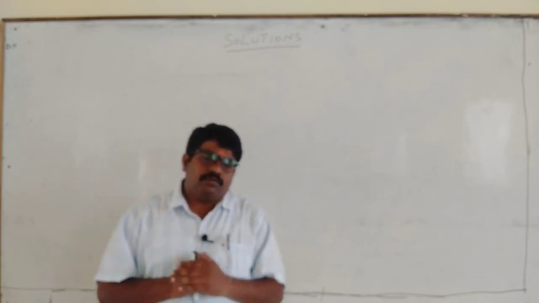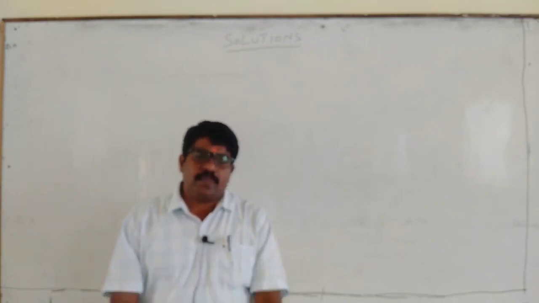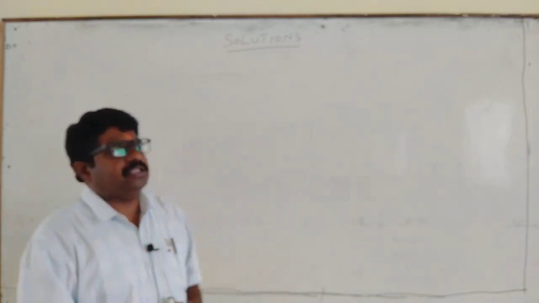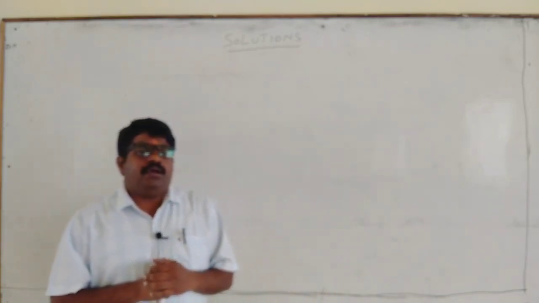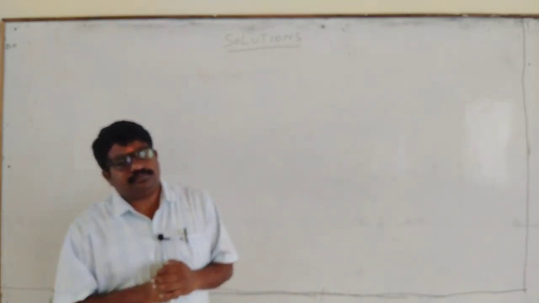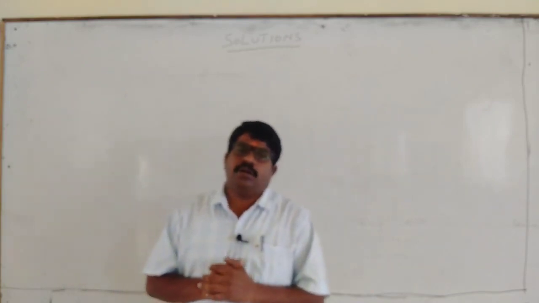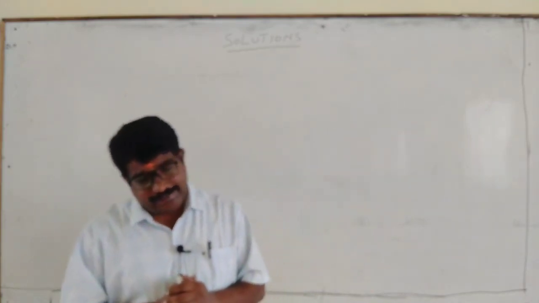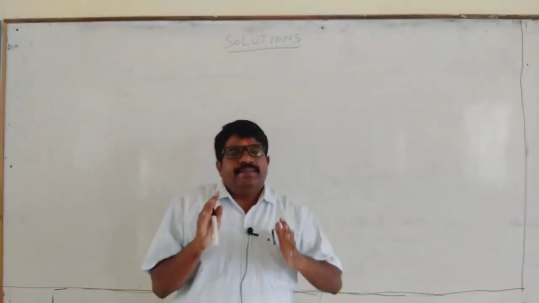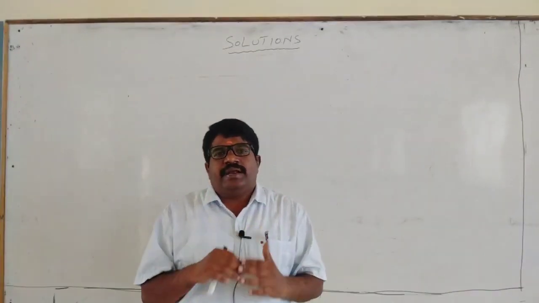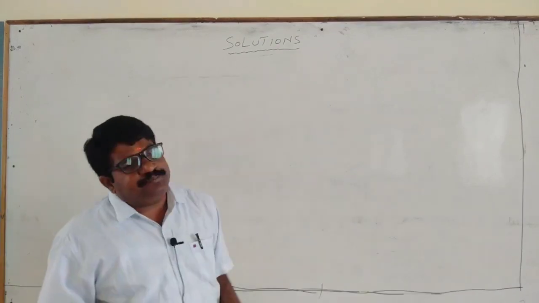Next, what are the characteristics of solutions, what is solubility of gases and of liquids, colligative properties, types of colligative properties, and how to calculate molecular mass of solute. These are the topics you have to study under solutions.